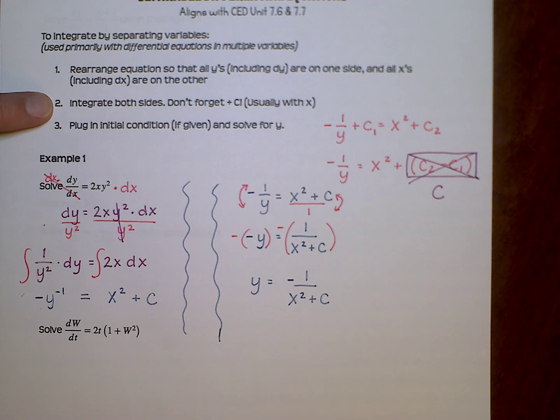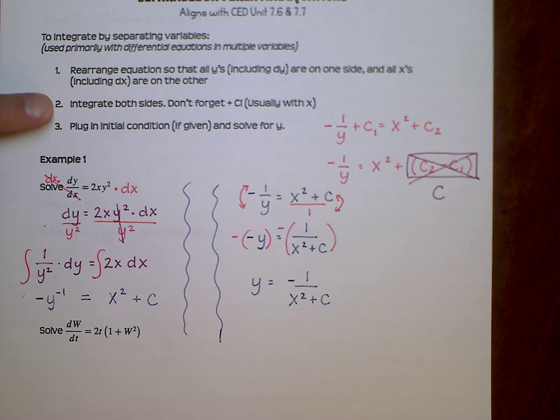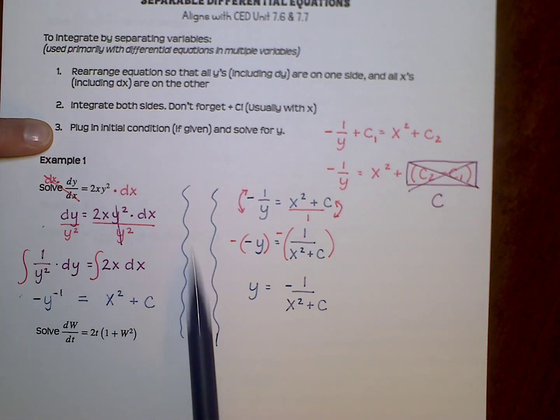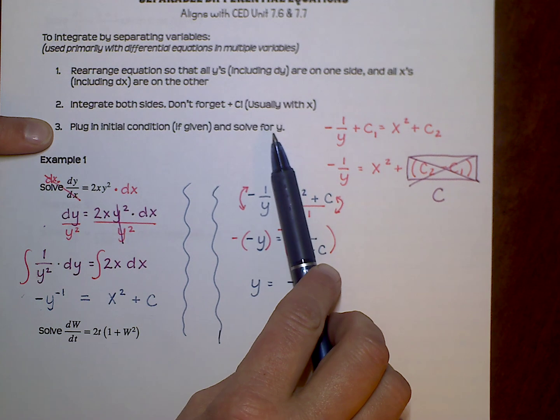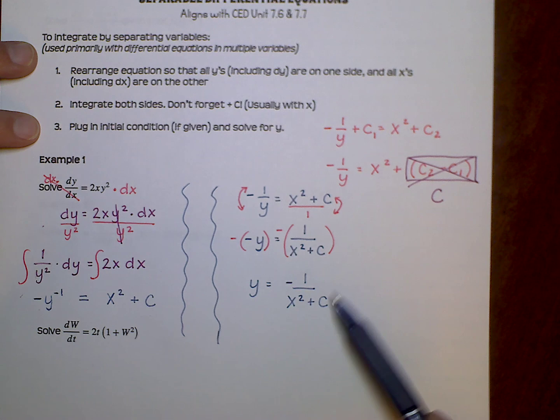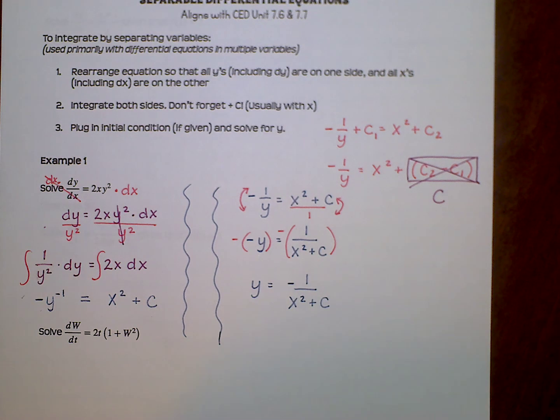Integrate both sides, put the plus C with the x. Plug in the initial condition if given, which is what would have gone here in the middle, and then solve for y. Sometimes you'll have a number in place of that c. Sometimes it just stays a c all the way throughout. But that's my antiderivative right there.